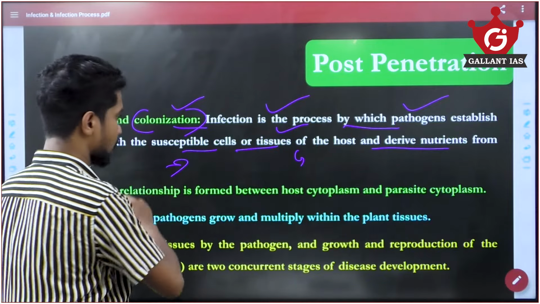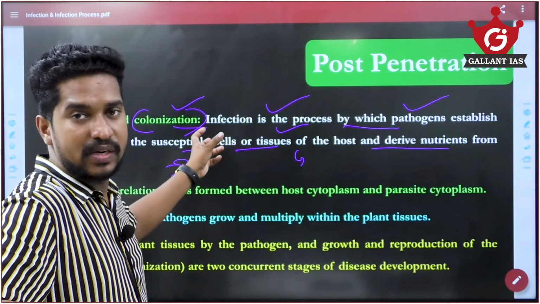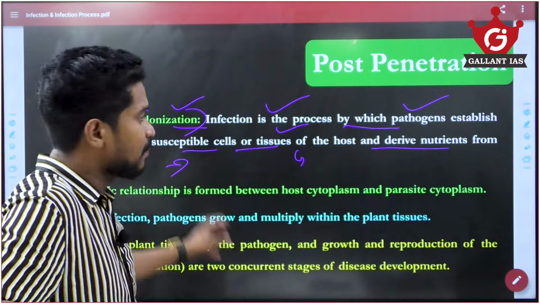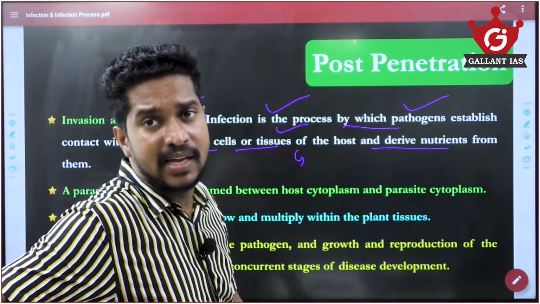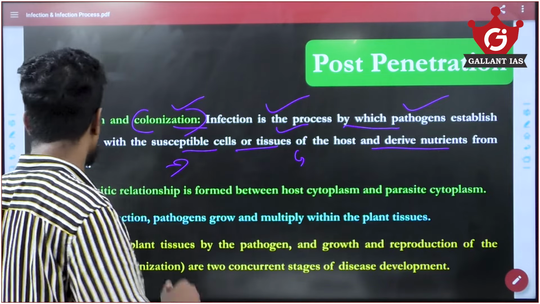So, infection is the process by which pathogens establish contact with the susceptible cells and tissues of the host and derive nutrients from them.